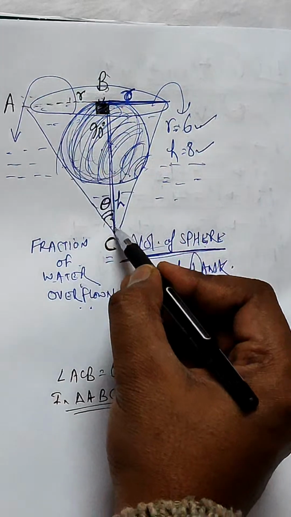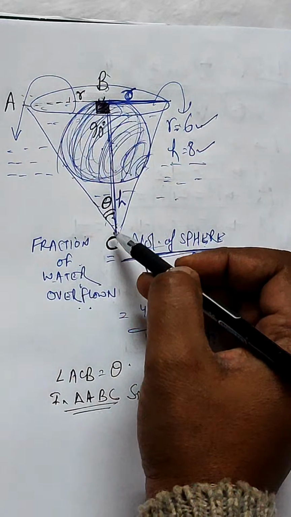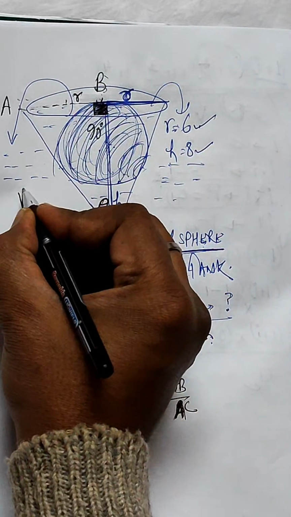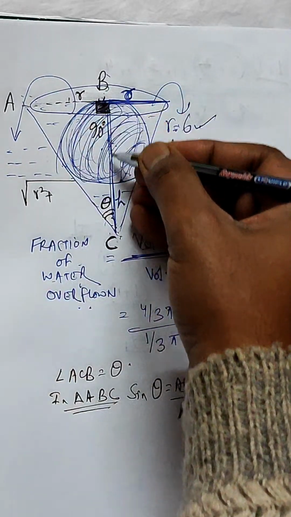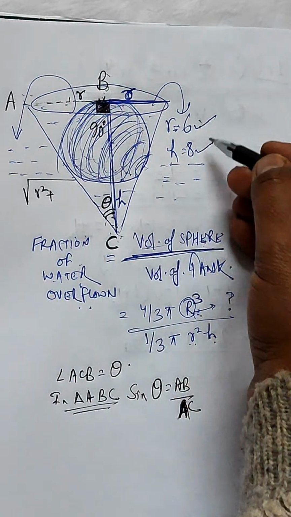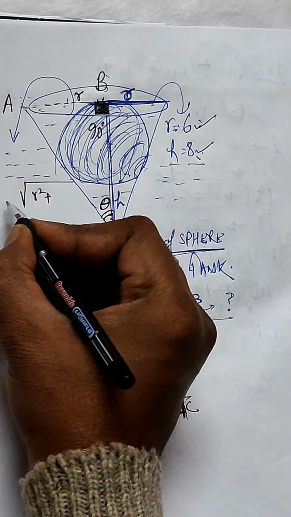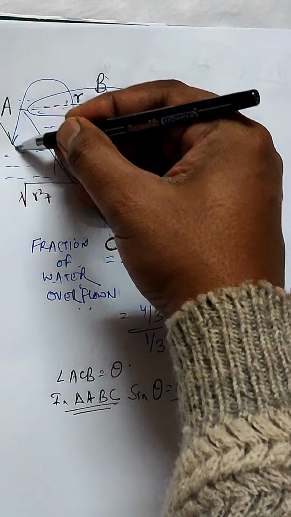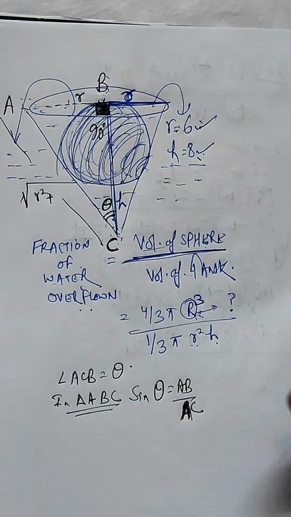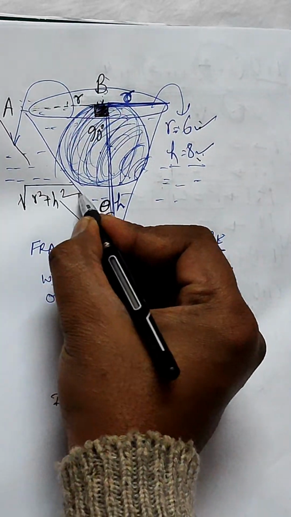And what is the value of AC? Just apply Pythagoras, and here you will get the value of r square, and you also know the height, these two. So the hypotenuse AC can be calculated as root over r square plus h square.